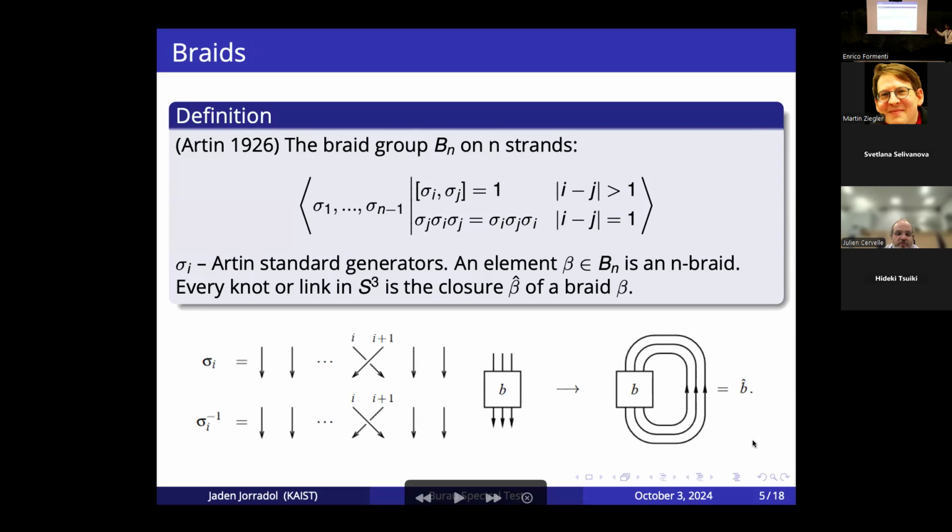At first, the braid group on n strands is denoted by Bn, and there are n-1 generators, which can be seen here, where the crossing of right over left is considered sigma i, and sigma i inverse is the left over right crossing.